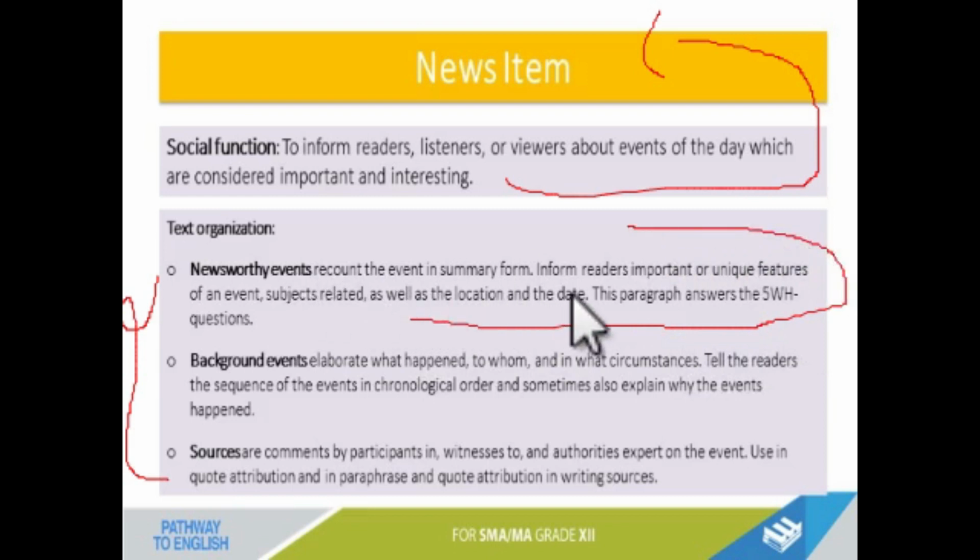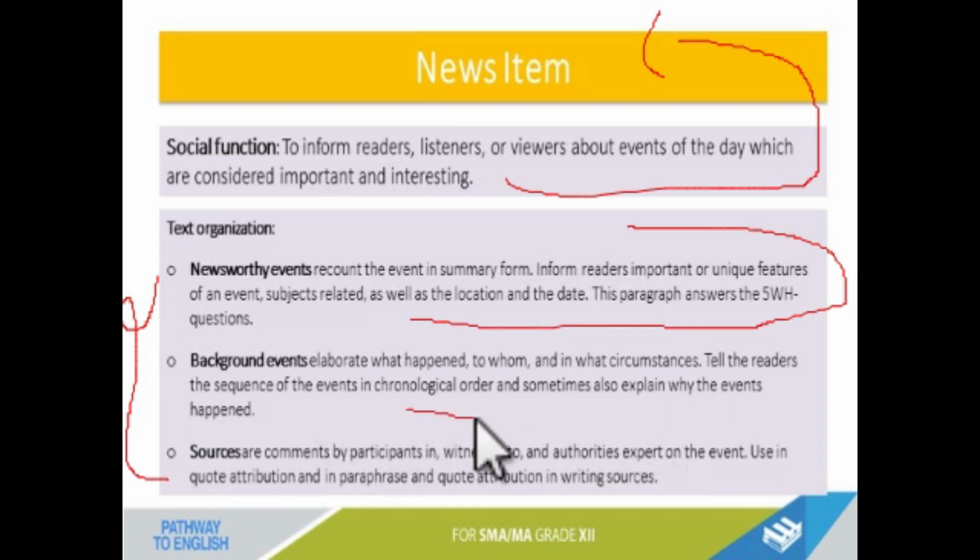You have to tell the reader important things about the event that you want to talk about, and then the background of the event. So what is the content? Elaborate what happened, to whom, and in what circumstances. Tell the readers the sequence of the events in chronological order, and sometimes also explain why the events happened.